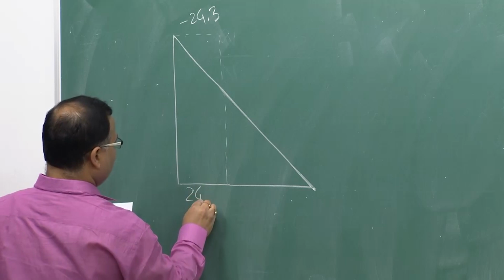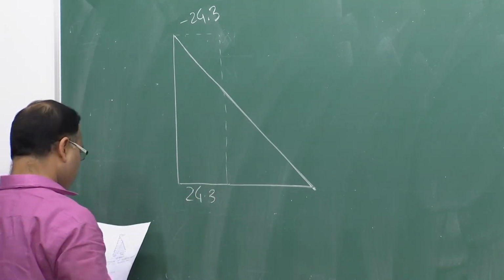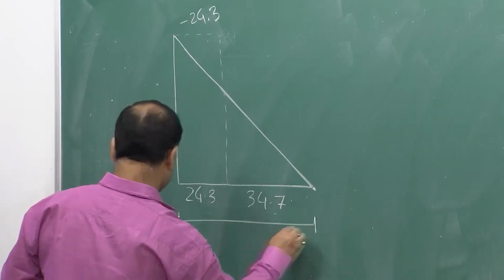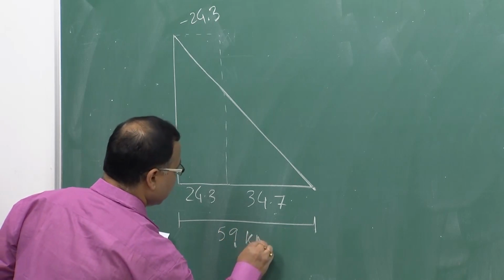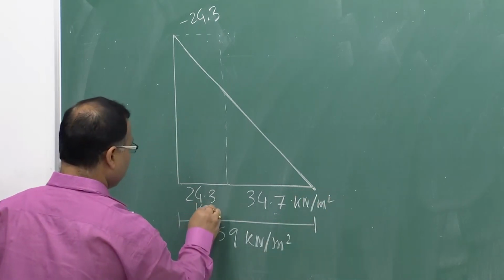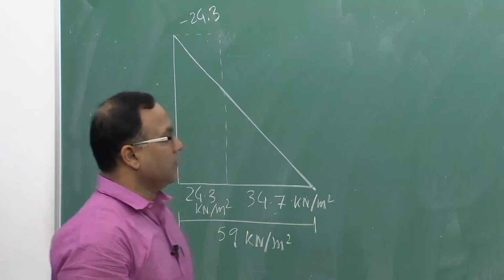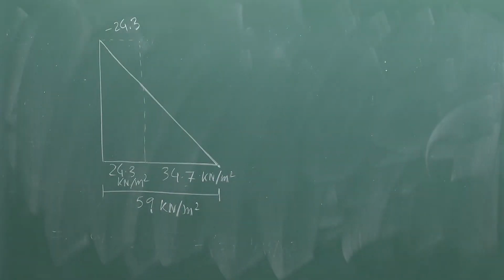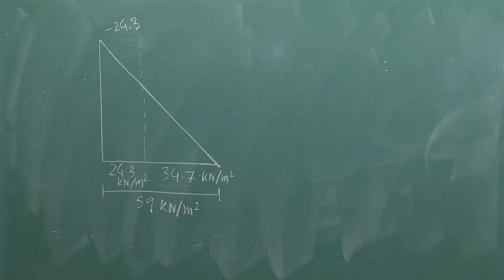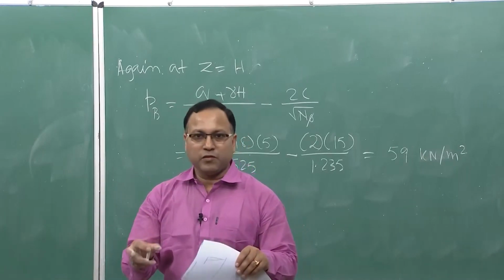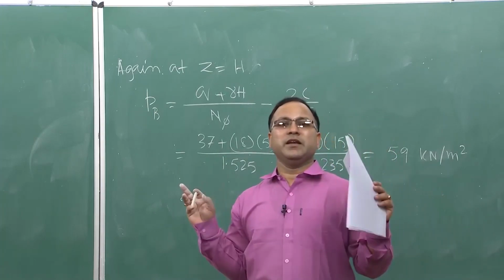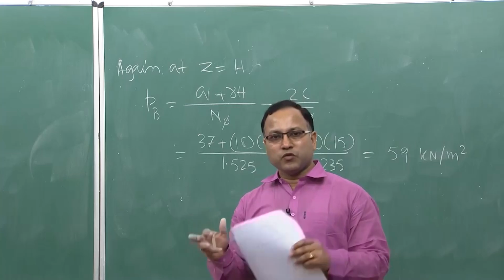This is your 24.3, which is getting neutralized by this surcharge, and this is 34.7, and the total is coming 59. Understood? So, this negative part we are able to avoid by putting this fictitious surcharge, or whatever uniform surcharge we are putting. If we put 37 kilonewton per meter square on top of the backfill, we will not be getting any tension crack. So, tension crack can be avoided by putting this kind of surcharge.